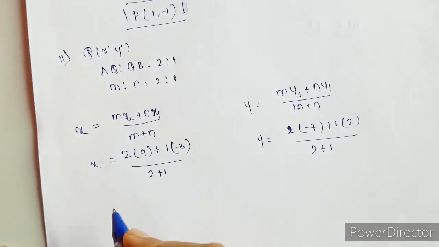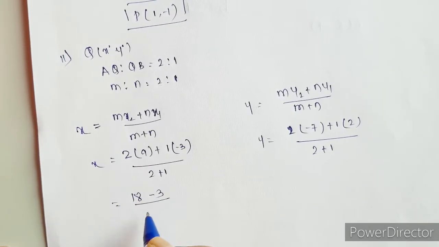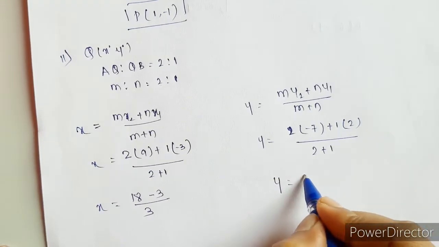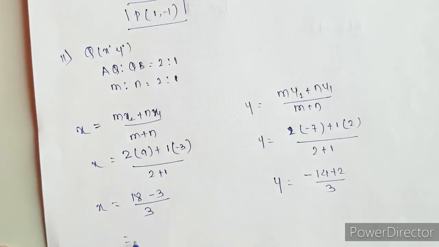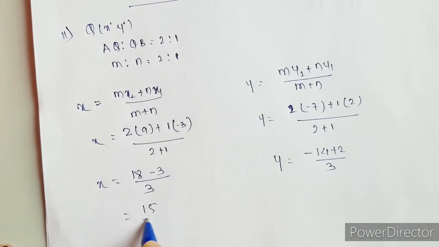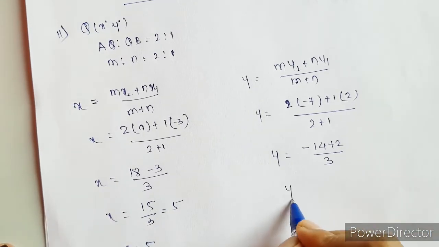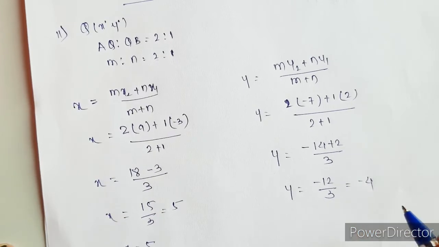Now simplification: this is 18 minus 3 upon 3, and similarly this is minus 14 plus 2 upon 3. So this is 15 upon 3, which is nothing but 5. So the value of x is 5. Similarly for y, this is minus 12 upon 3, which is nothing but minus 4.